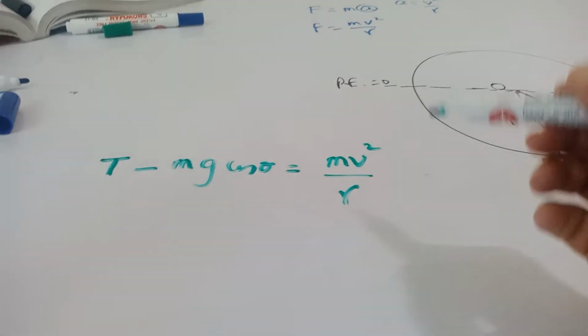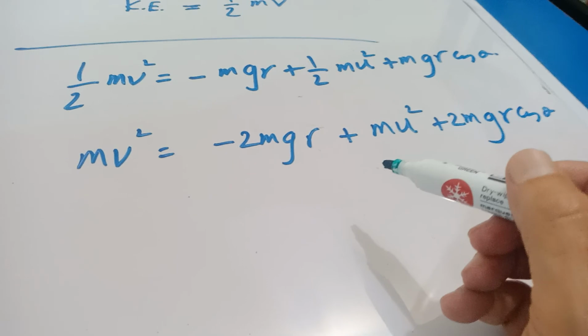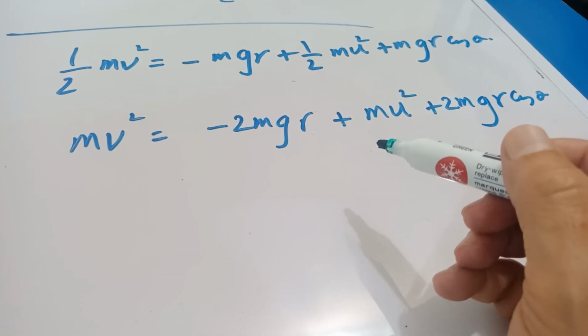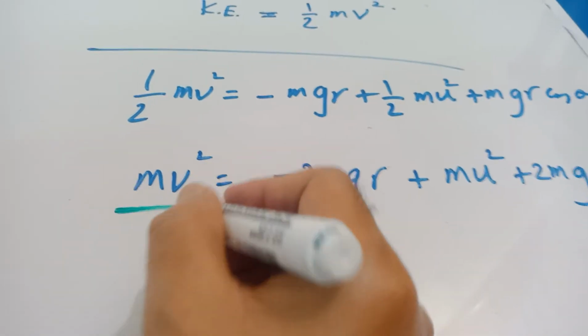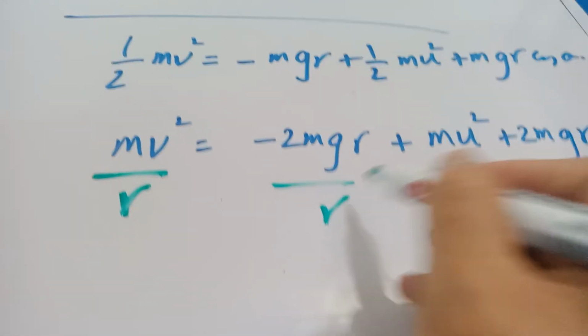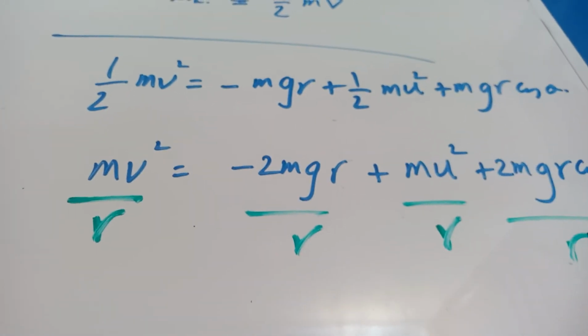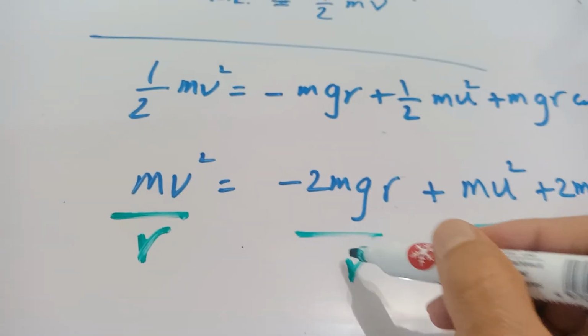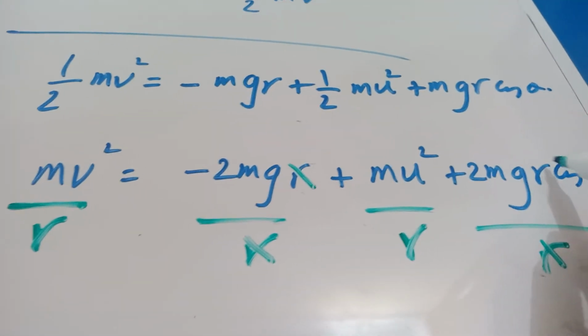Now since we have mv square over r, something that I obtained from the law of conservation of energy, this equation, I'll be dividing both sides by r so that I have exactly something that I want. So you see that this r is cancelled by this r and this r is cancelled by this r.